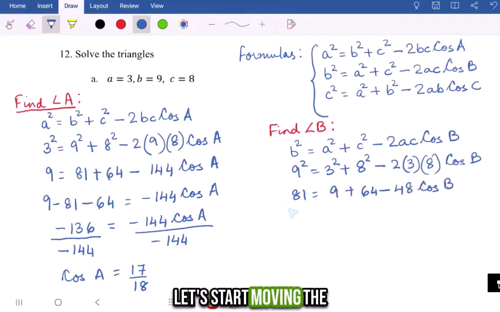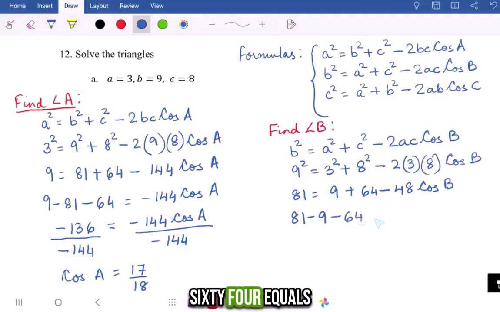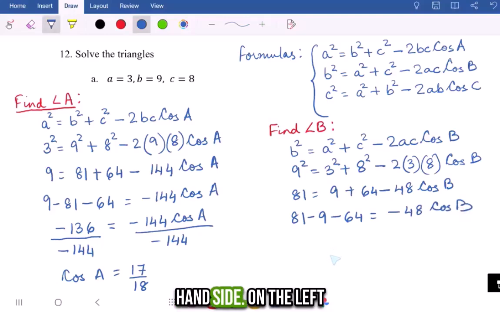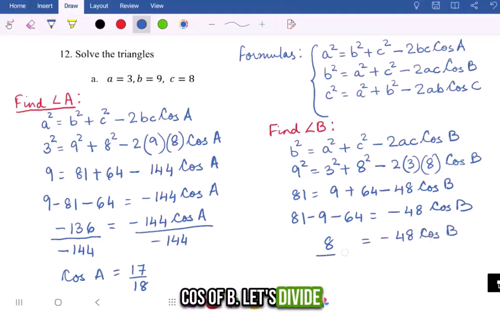Let's start moving the terms to the other side to isolate cos of B. We will have 81 minus 9 minus 64 on the left-hand side, equals negative 48 cos of B on the right-hand side. 81 minus 9 minus 64 is positive 8, equals negative 48 cos of B. Let's divide both sides by negative 48.